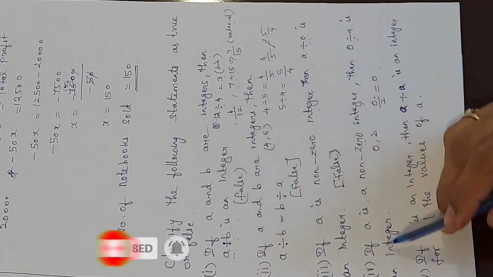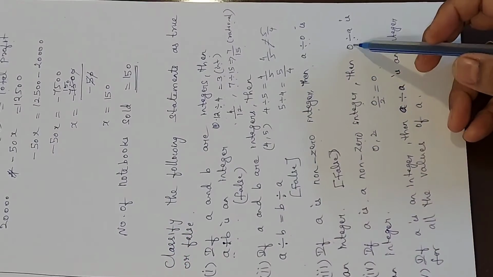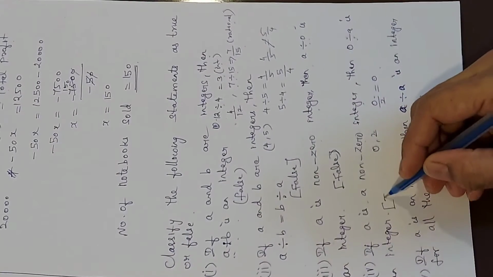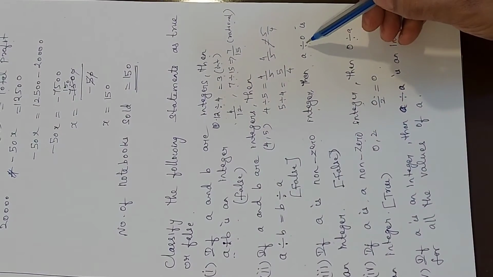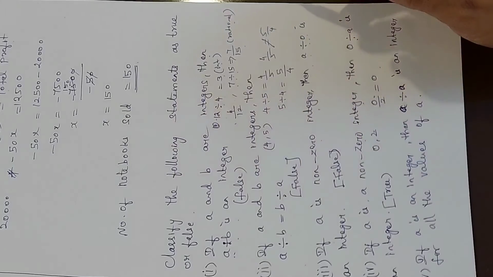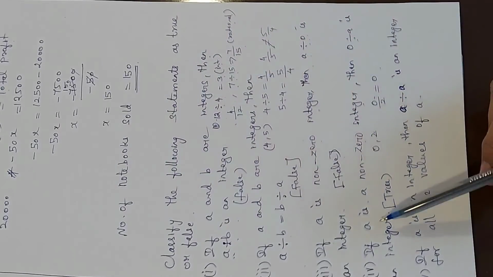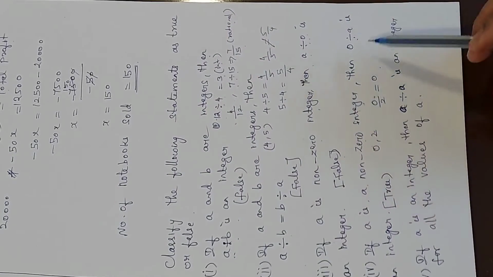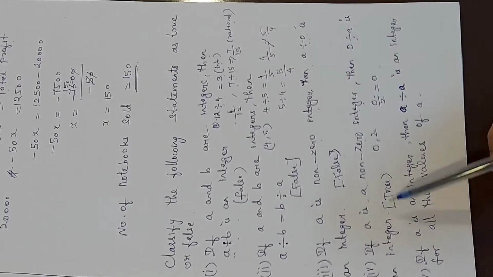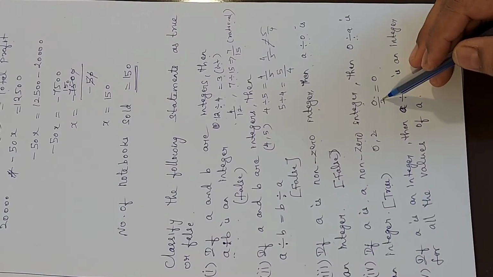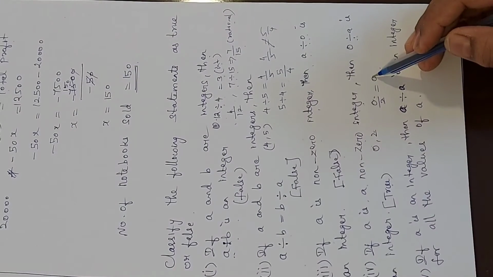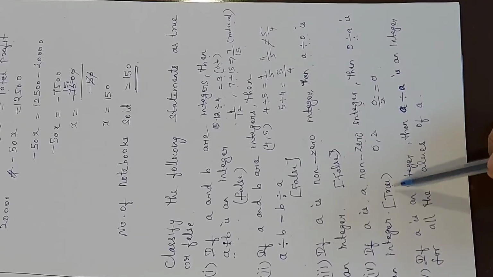So if a is a non-zero integer, then 0 divided by a is an integer. This is true. Okay, children, we are dividing 0 by an integer, so we will get only 0. So this is true.